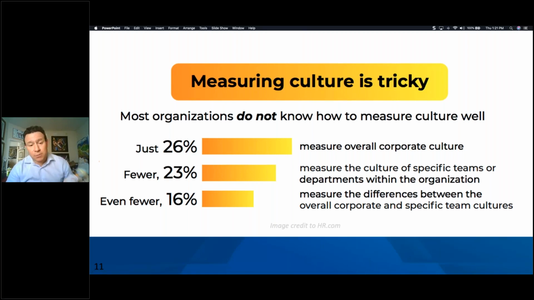This survey, over 500 people, came out with almost the same results. Only 26% felt they could measure overall corporate culture, and less than 23%, similar to ours, could measure specific culture. And almost 20% didn't really know the differences between corporate and team cultures. All right, Charles.